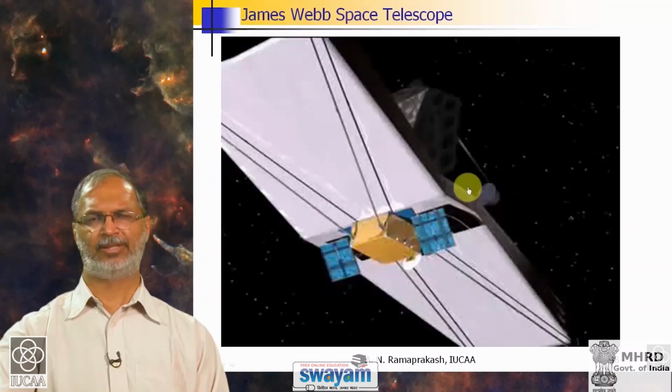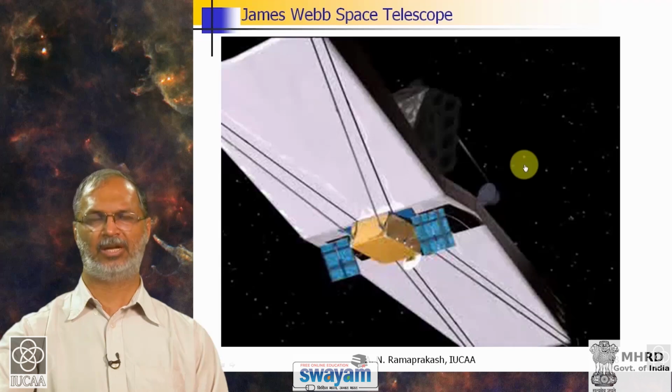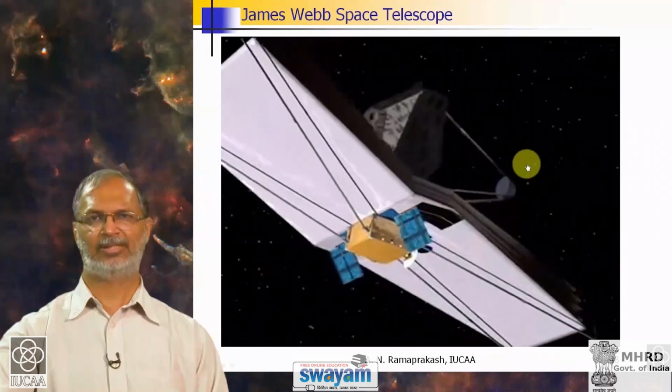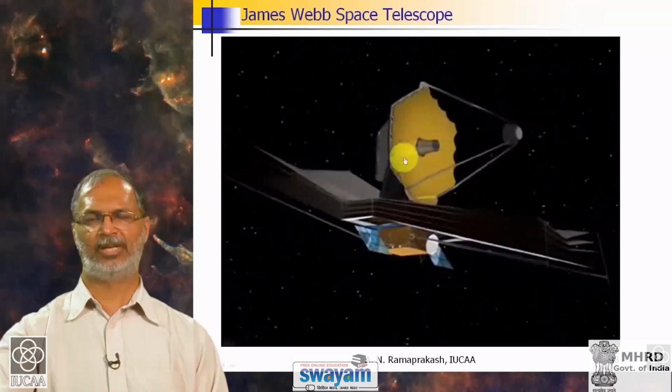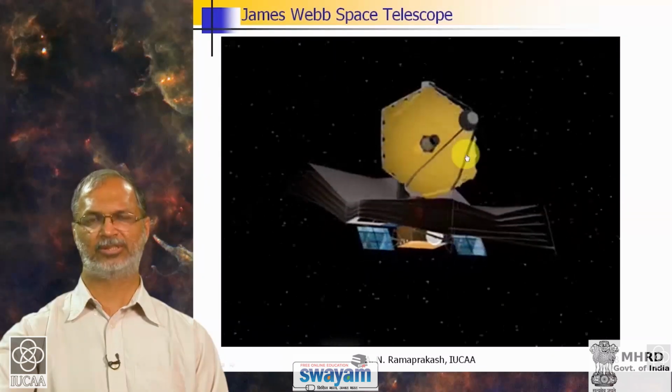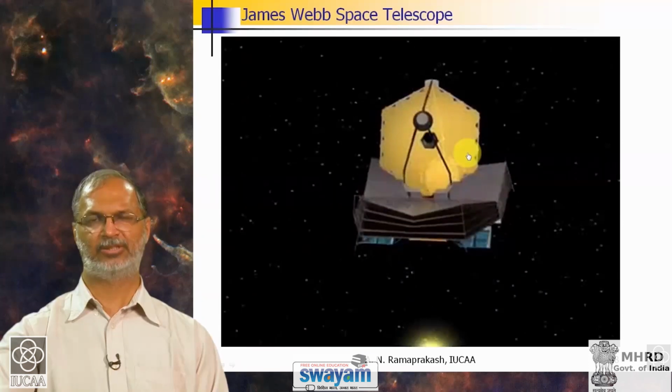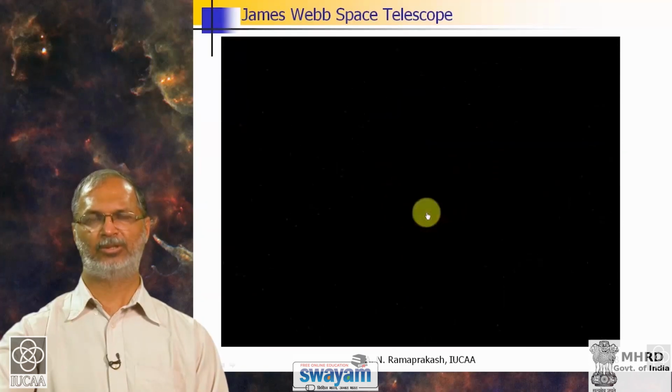So, what is the alternative? If you do not have an adaptive optics system, you need to go above the atmosphere. That is another alternative which astronomers pursue, as illustrated here. This is the image of the James Webb Space Telescope, which is the successor of the Hubble Space Telescope. It would be launched sometime about a year from now, and it will go above the atmosphere.